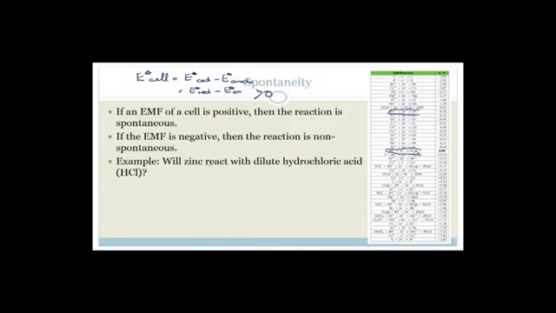So what are we saying? We're asking whether zinc reacts with dilute hydrochloric acid. You can see that it reacts with the H+ ions, because you can write it like this. Do you agree that your E theta is going to be 0, the cathode, minus the zinc, minus 0.76, which is 0 plus 0.76, which equals 0.76 volts?